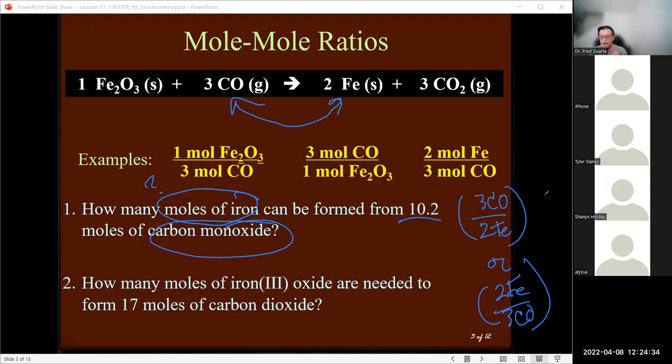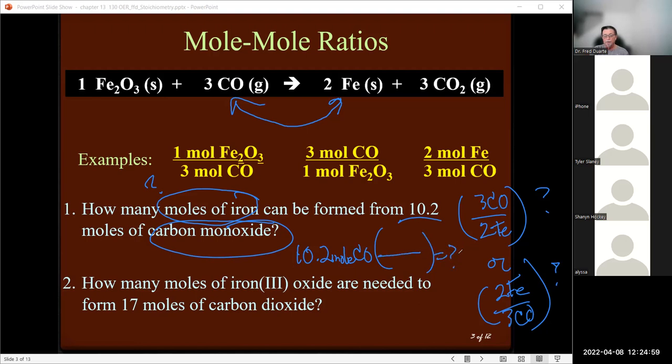The question is, which one do we utilize? Top one or left one? Well, to answer that depends on the question. As with any of the problems we've been doing before, first step, you write down what you're given, 10.2 moles of carbon monoxide. Obviously, we're going to need a conversion factor here at some point, but what are we looking for?